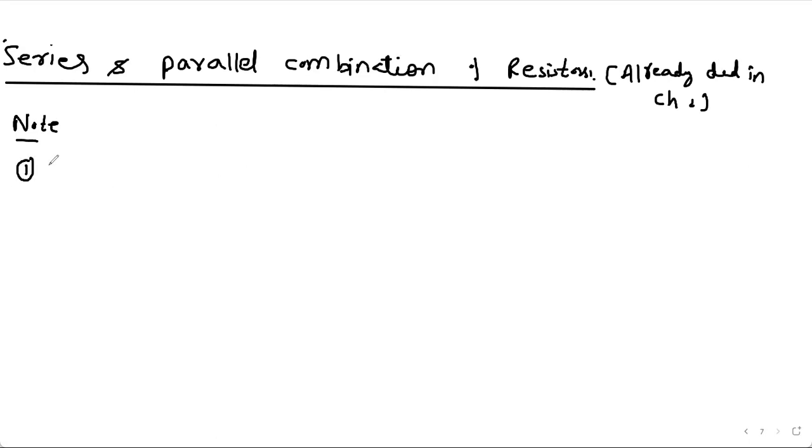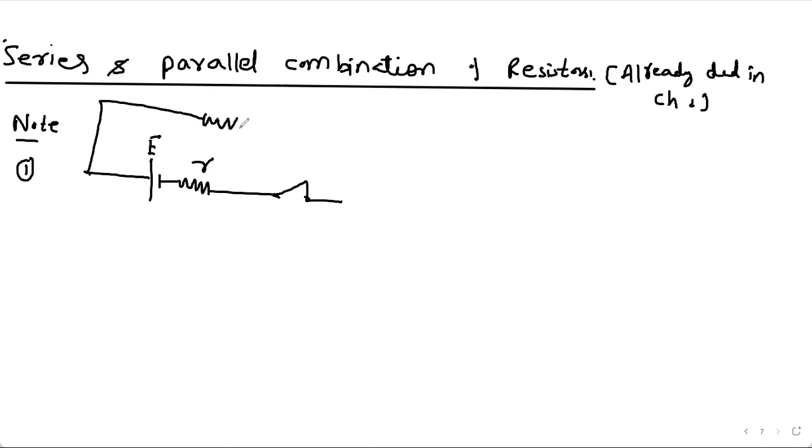First question is, say you have a cell. The EMF of the cell is E, internal resistance small r. The cell is in closed circuit, and this is the external resistance. Some current flows when the cell discharges, from the positive to the negative terminal.